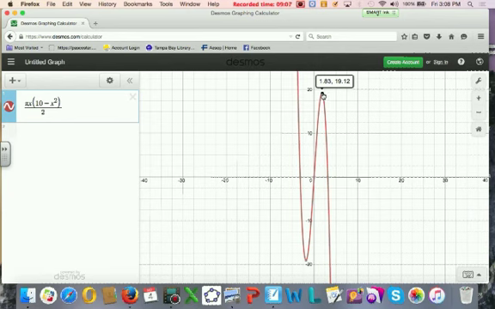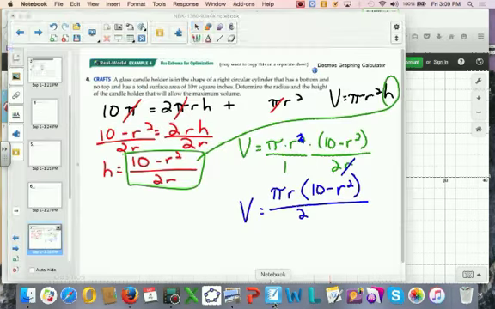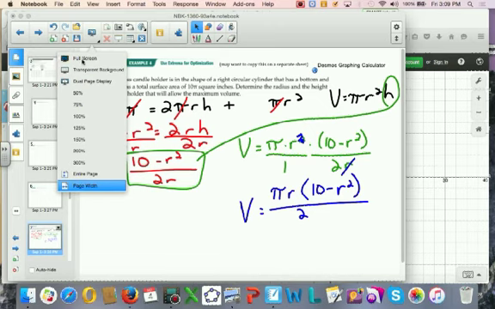This point is telling me that when my r, my x value, is 1.83, I will achieve my maximum volume of 19.12 approximately.